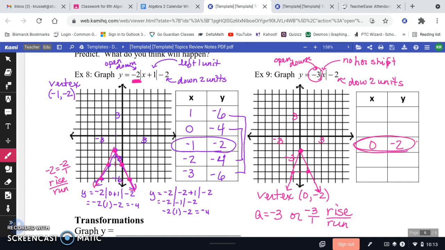So I know where my vertex is, so I know now when I pick values on either side of my vertex that these are going to be those points that match up. So whatever 1 is going to be, -1 is going to be the same thing. So this is going to be a -5, this one's going to be a -5. This will be a -8, this will be a -8, and those y values are going to match up.